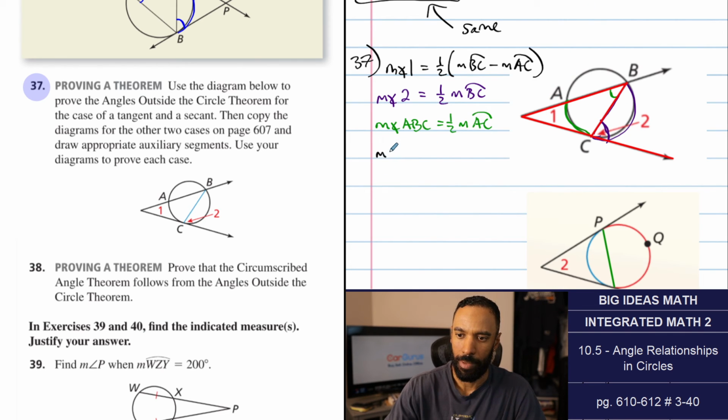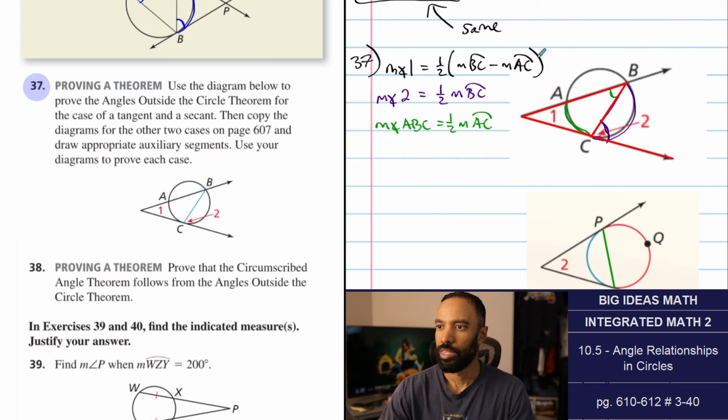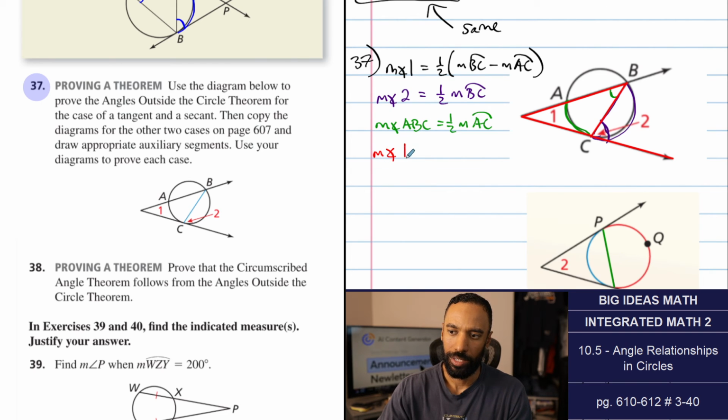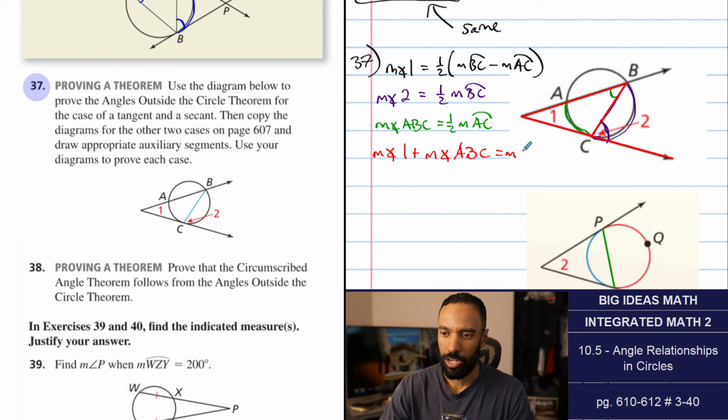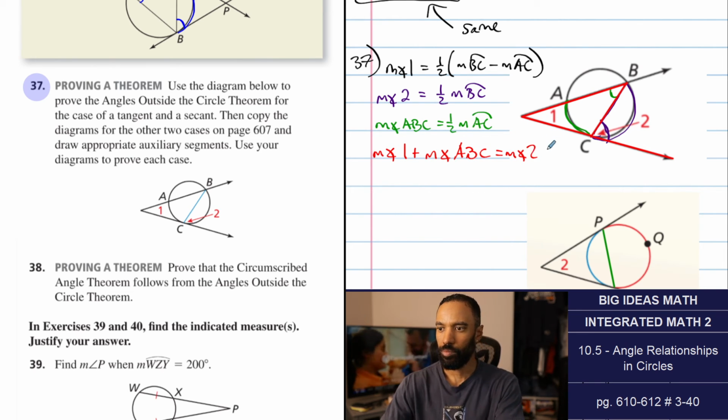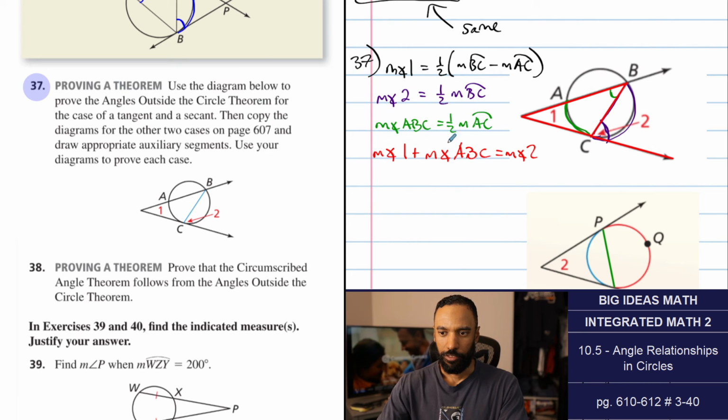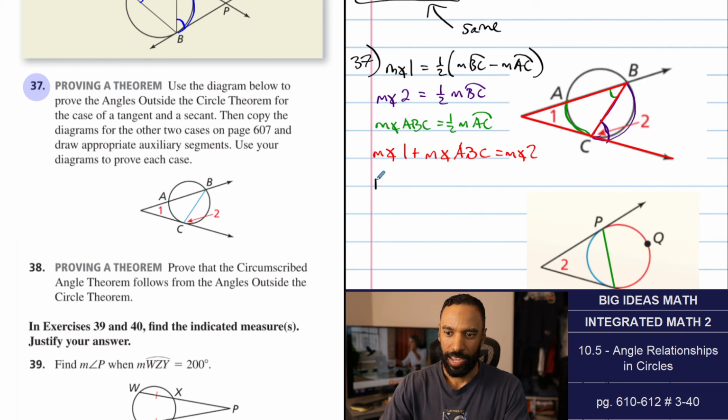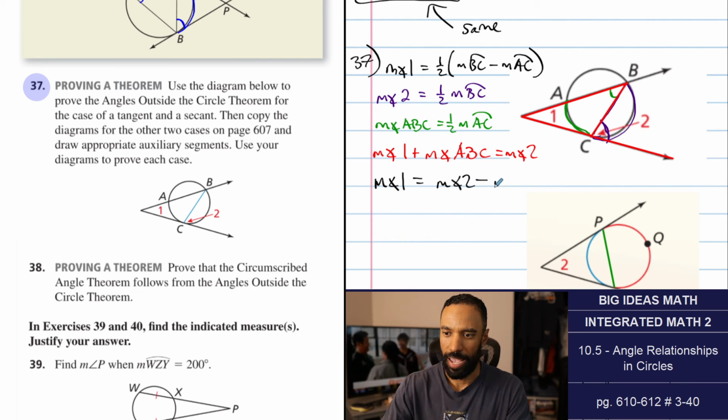So I could say, let's do this in red, the measure of angle 1 plus the measure of angle ABC equals the measure of angle 2. But I want to solve for the measure of angle 1. So let's subtract: the measure of angle 1 equals the measure of angle 2 minus the measure of angle ABC.